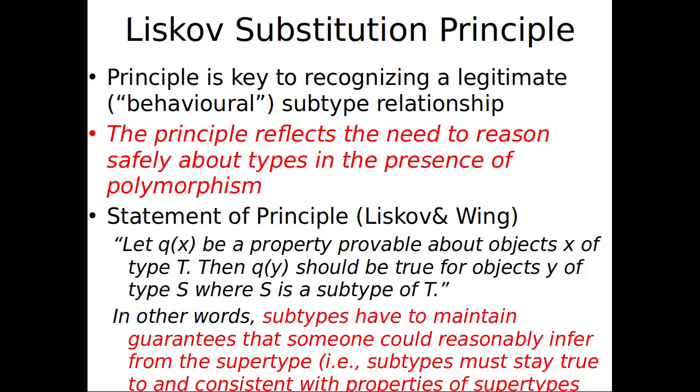If they could count on these properties, on these features, based on reasoning about that interface, then if you want to declare a subtype of that type, which is incidentally one of the big advantages of polymorphism, we can extend our types over time.